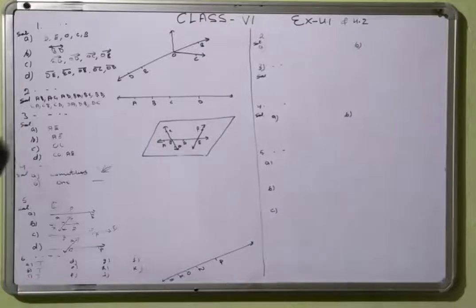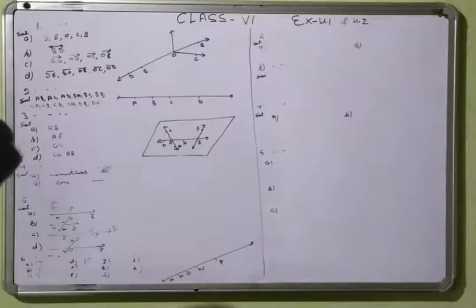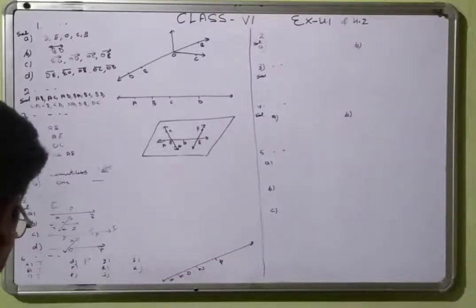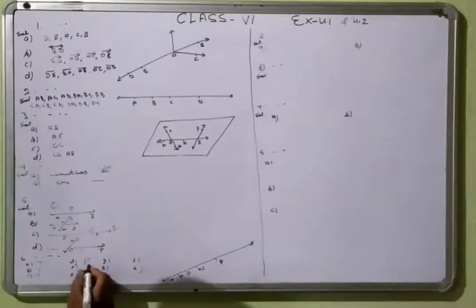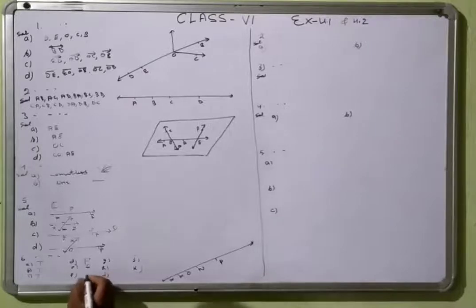O, N are end points of line segment OP. No, false. M is one of the end points of line segment QO. No, false. O and R are end points of line segment OP. No, false.